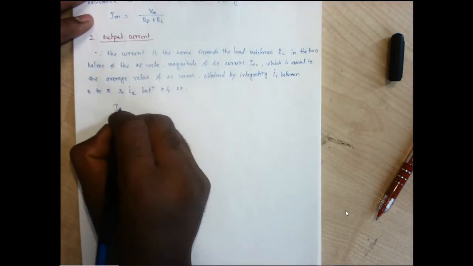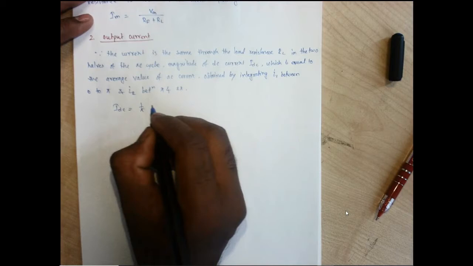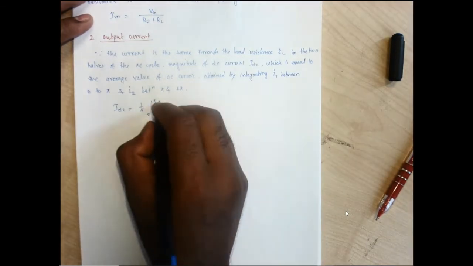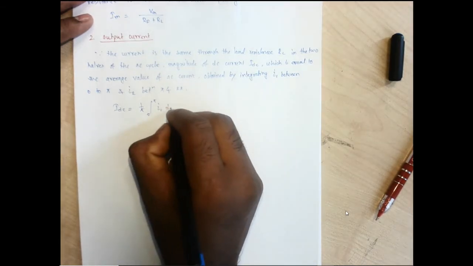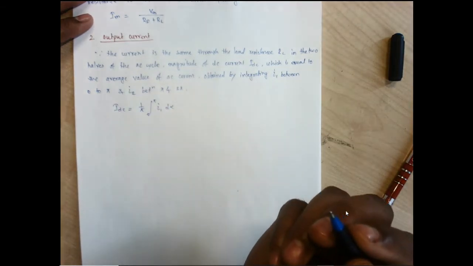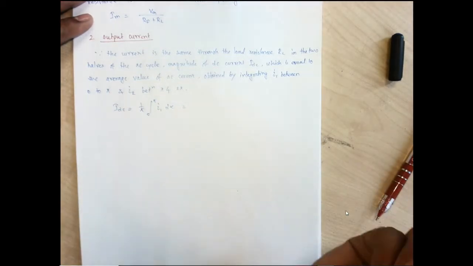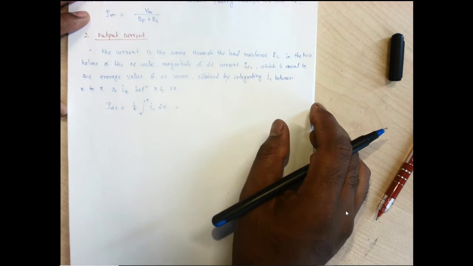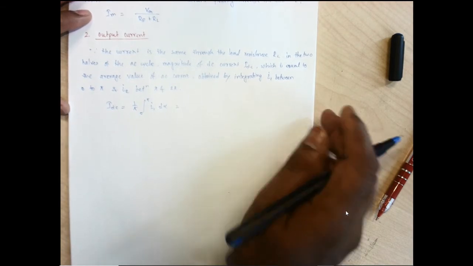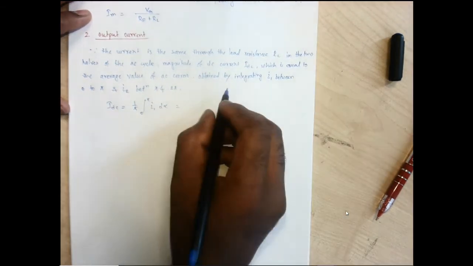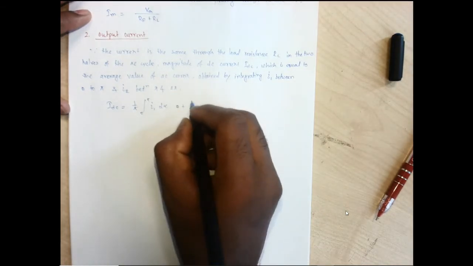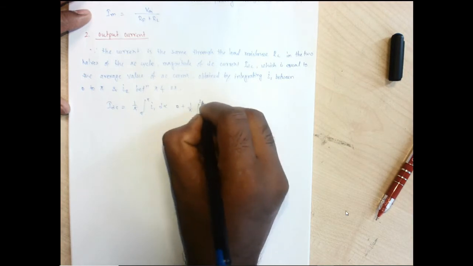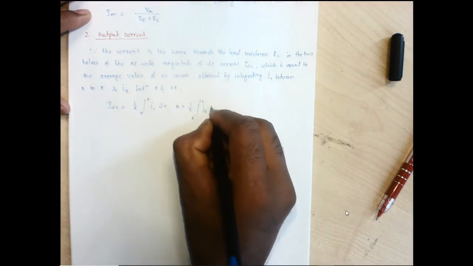So this IDC, which is the average value, is 1 by pi integral 0 to pi I1 d alpha plus 1 by pi integral pi to twice pi I2 d alpha.